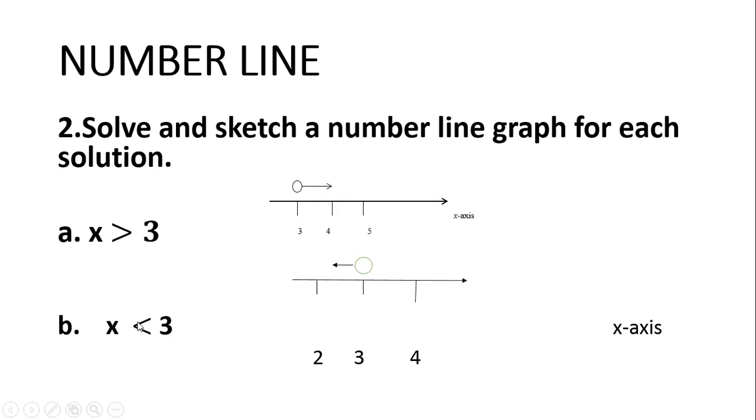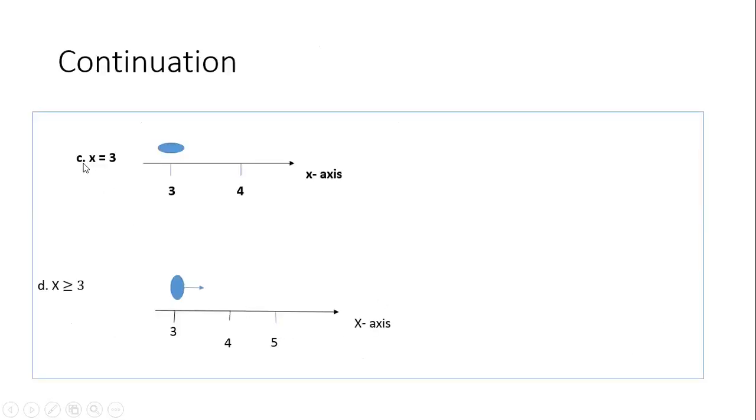If x is less than 3, instead of moving towards 4, it will move towards 2. This side is not shaded, meaning it is not equal to 3. If x is equal to 3, it is shaded but not moving. This is the combination for less than or equal to, and greater than or equal to.